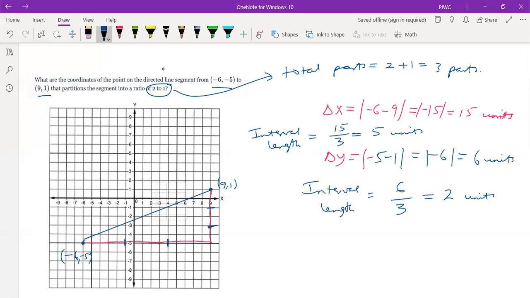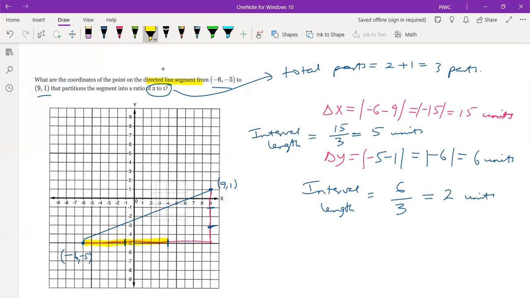Now I want to choose 2 parts from -6 and 6, because the question said directed line segment from this, so I want from the end. So let me choose 2 parts from that end. I have 1 part, 2 parts, and this is the last piece.